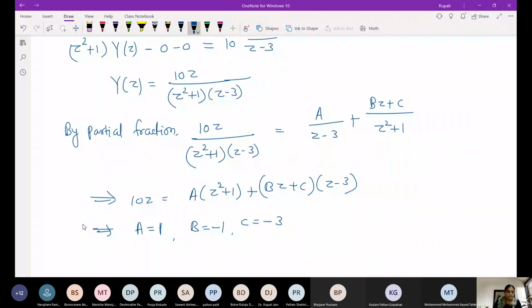A is equal to 1, B is equal to minus 1, and C is equal to minus 3. Everybody is getting this?